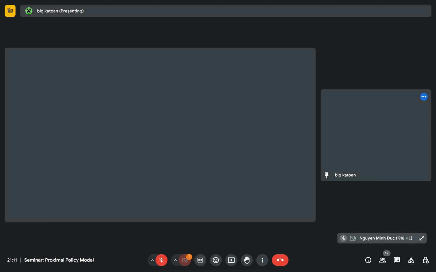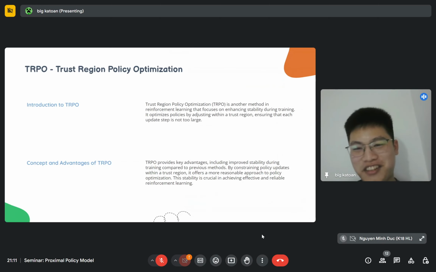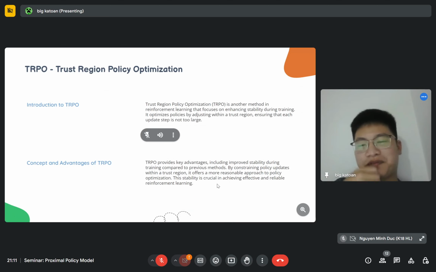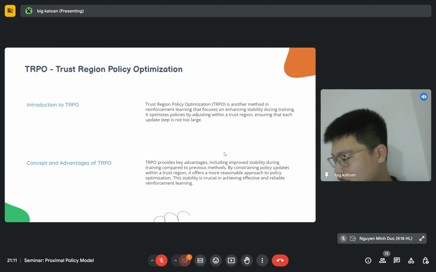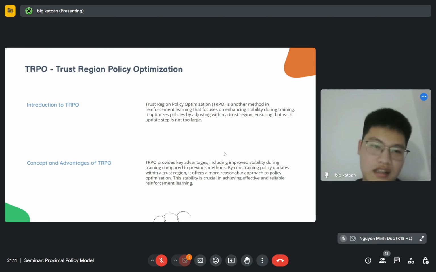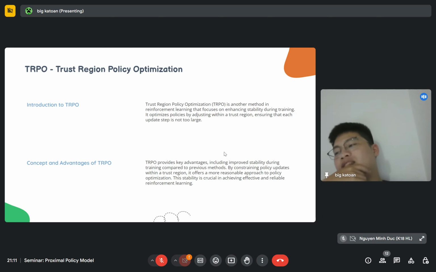Okay. This part is harder, but it's the main part: TRPO, Trust Region Policy Optimization. I call this pre-PPO, because PPO is just a small improvement on TRPO. Now let's talk about TRPO a little bit.